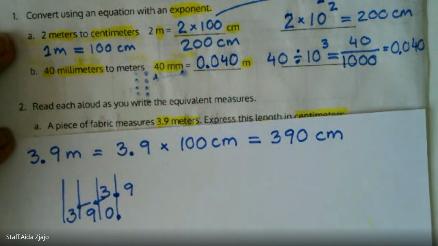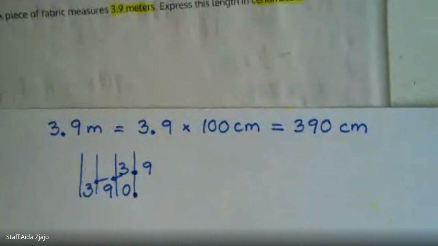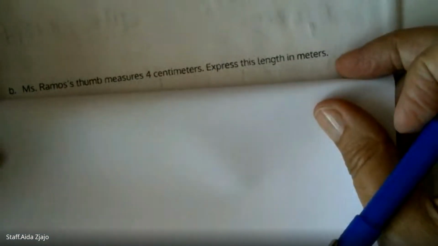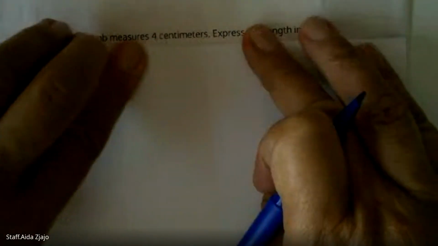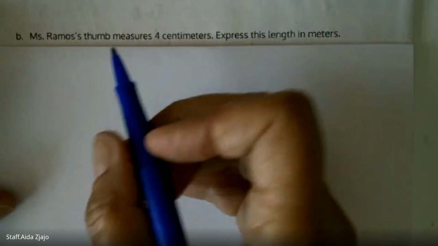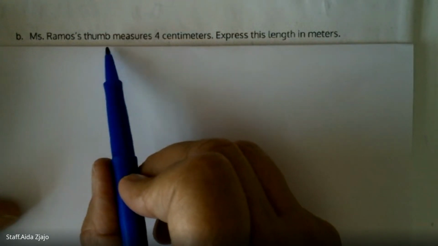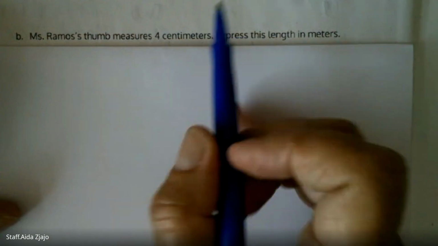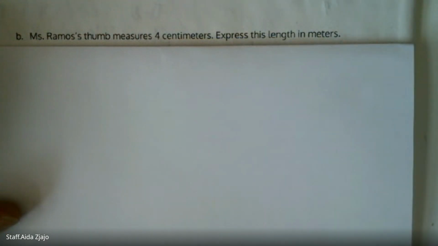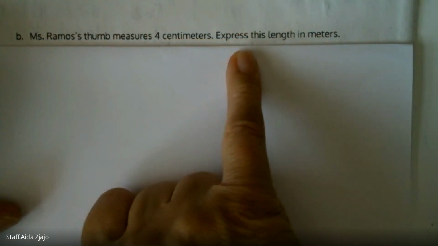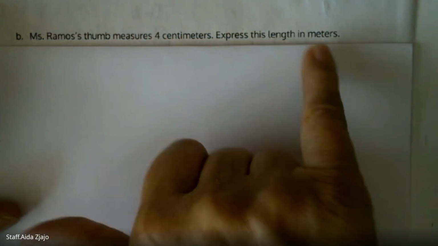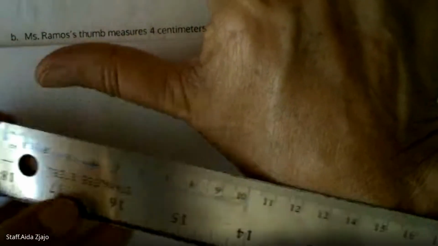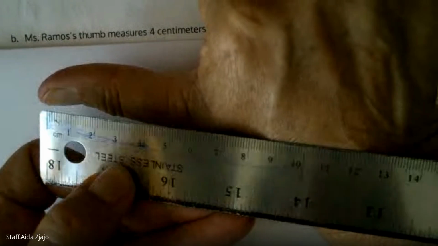Okay, now the next is this one here, B. I'm going to use my white paper also. Mr. Ram's thumb measures 4 centimeters. Express the length in meters. Look, that is a thumb, and his is 4 centimeters.